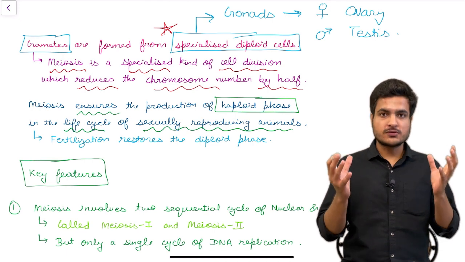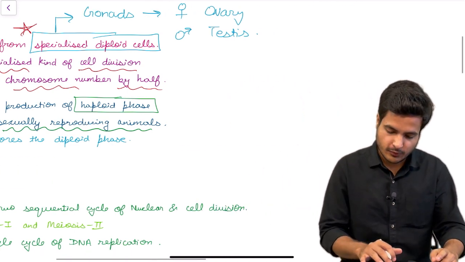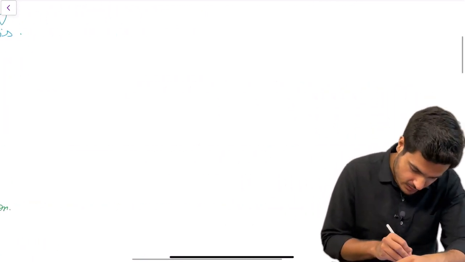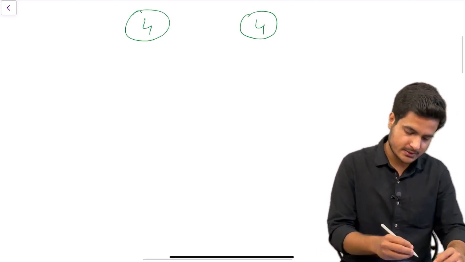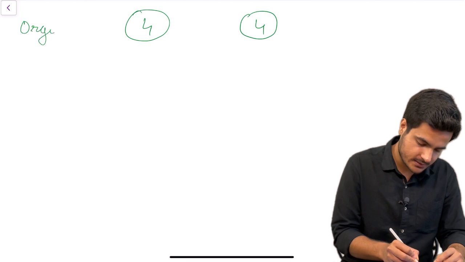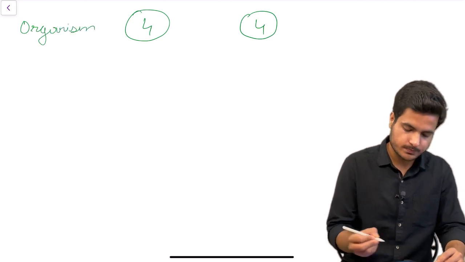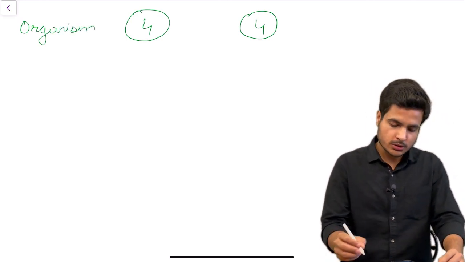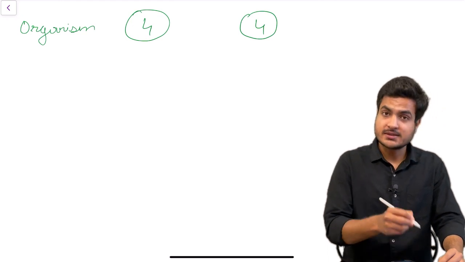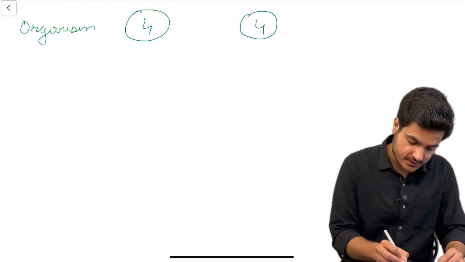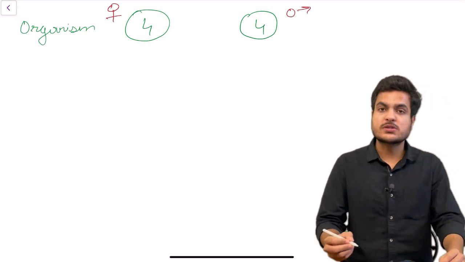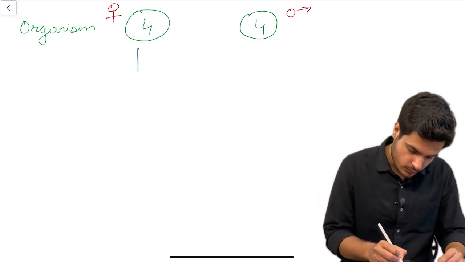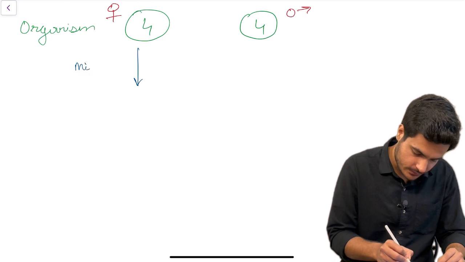Therefore, if meiosis would not have been there, for example, say an organism has 4 chromosomes in its cells. If it is a sexually reproducing organism and this is the female and this is the male, if meiosis had not occurred, so with mitosis what will happen?